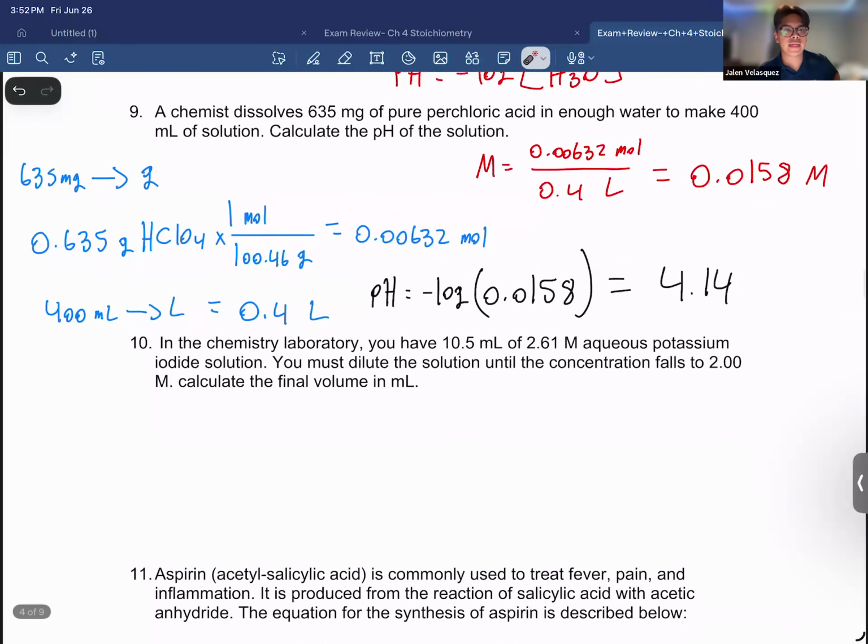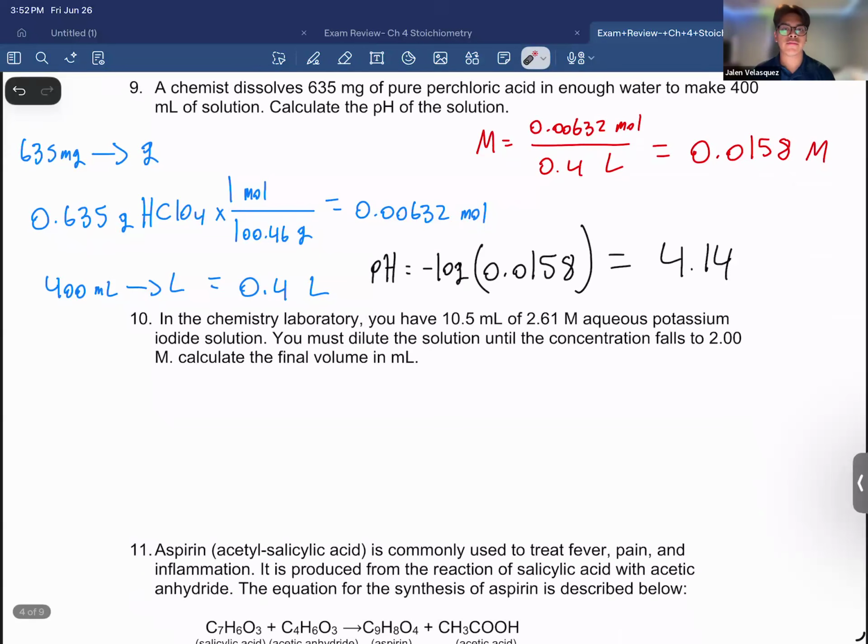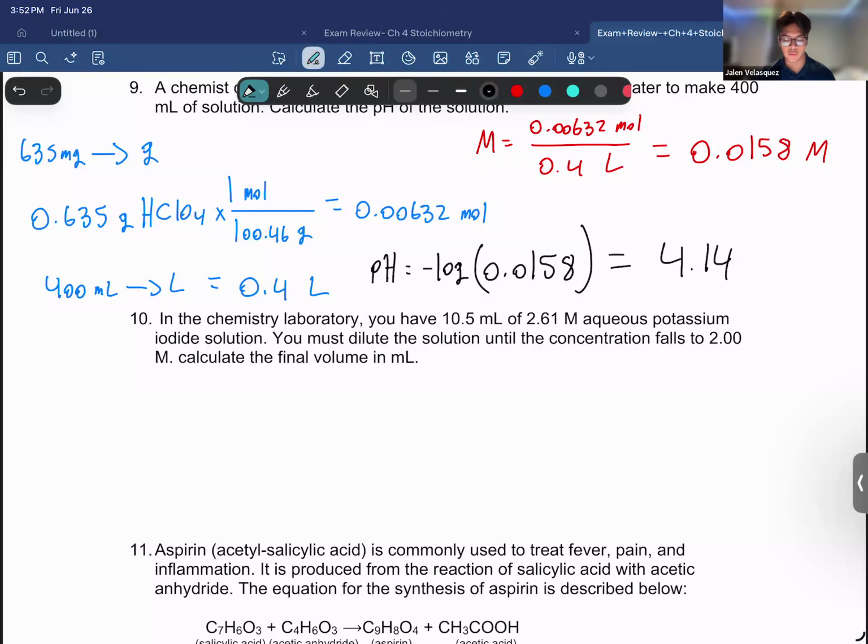All right, number 10, in the chemistry laboratory, you have 10.5 milliliters of 2.61 molar aqueous potassium iodide. You must dilute the solution until the concentration falls to 2 molar. Calculate the final volume in milliliters. So this is a dilution problem, right?